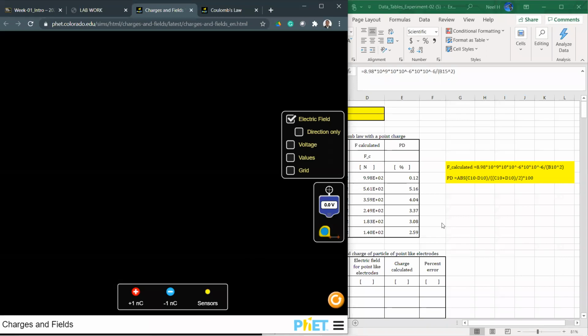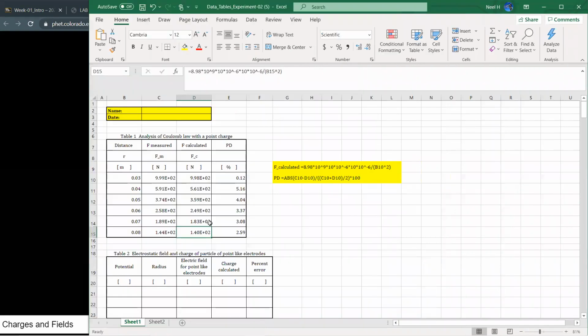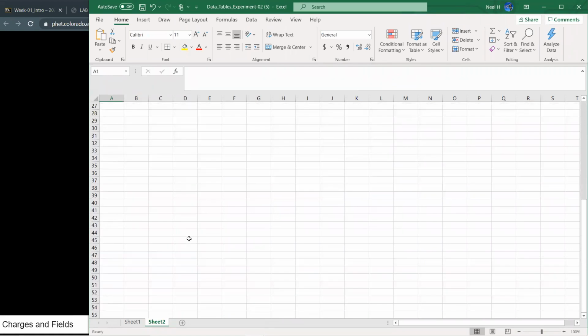Now what we're trying to do in this part of the lab, Coulomb's law, I think you have an idea how it should be calculated. So now we would like to take a look at how the electric field behaves. We know if I have a positive charge, electric field is electrostatic force divided by the amount of charge at any given point, right?